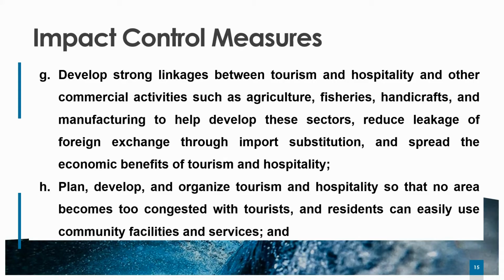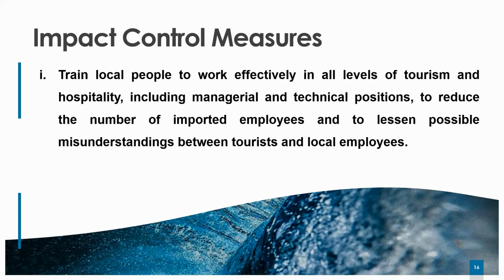Next is plan, develop, and organize tourism and hospitality so that no area becomes too congested with tourists and residents can easily use community facilities and services. And lastly, train local people to work effectively in all levels of tourism and hospitality, including managerial and technical positions, to reduce the number of imported employees and to lessen possible misunderstandings between tourists and local employees.